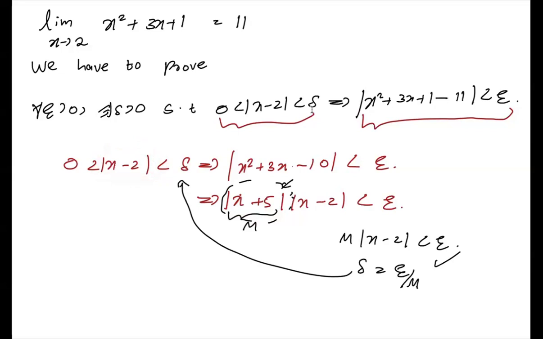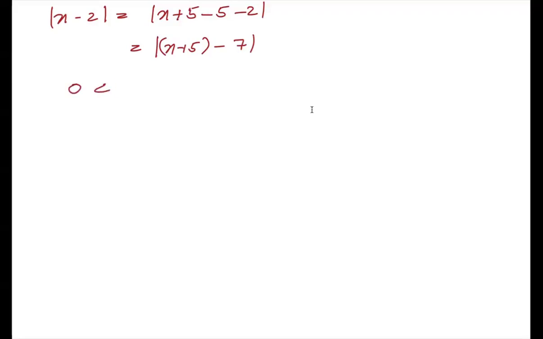So once again, |x minus 2| equals |x plus 5 minus 5 minus 2|, right? We can write this as |x plus 5 minus 7|. Because 7's absolute value is 7, we can put some positive value less than 7. I would say 1, because it's the simplest positive number I can imagine. So I can take |x minus 2| less than 1.